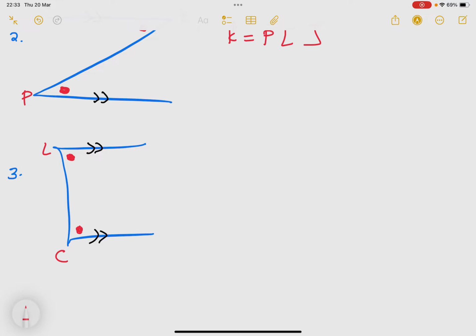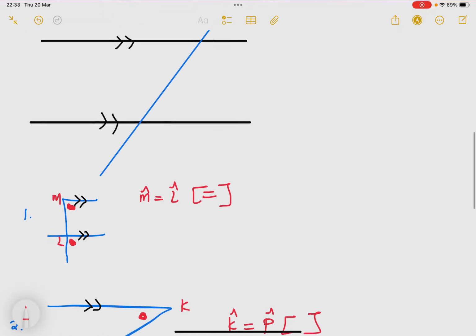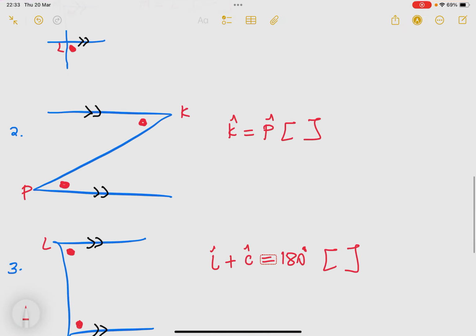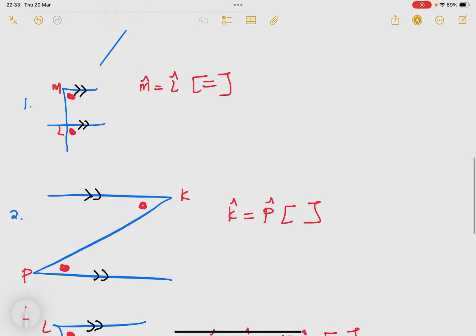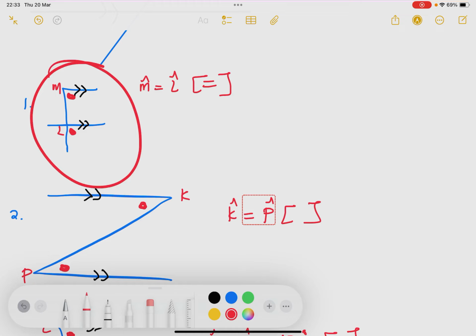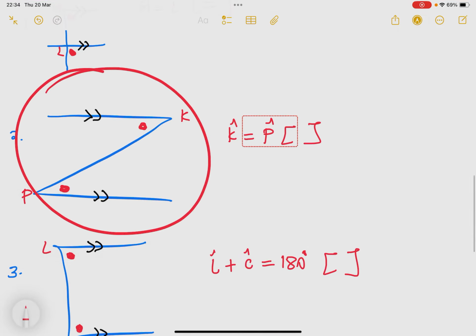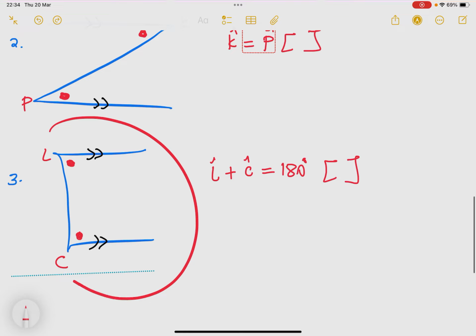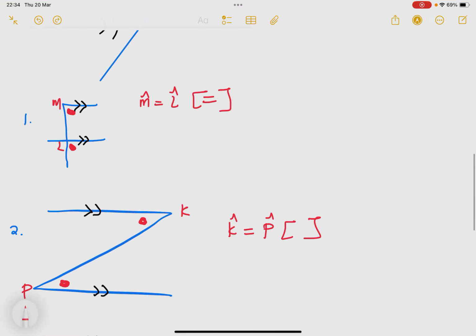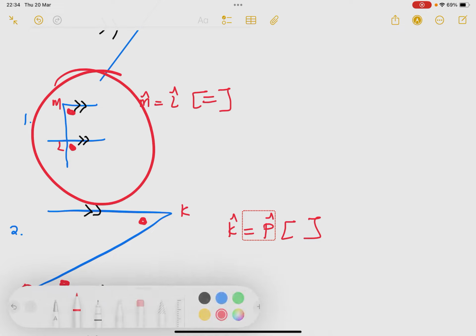We know that angle L plus angle C give us 180 degrees, for the reason that I am going to tell you. So guys, this is what I want you to know right now about properties of parallel lines. We are looking at three shapes: the F shape, the Z shape, and the C shape. On the F shape, we are looking at those two angles.